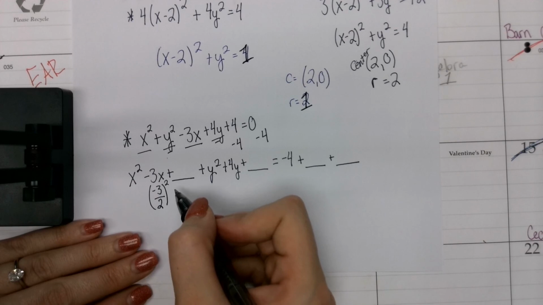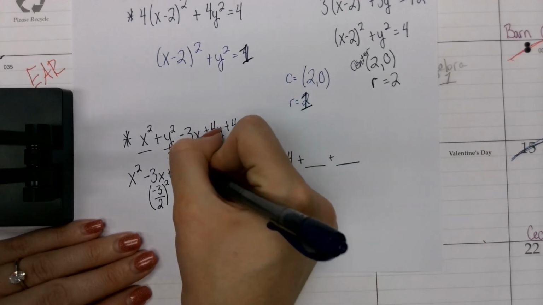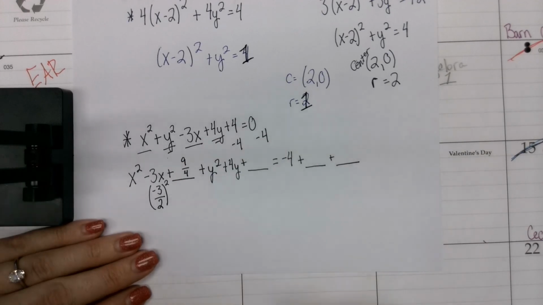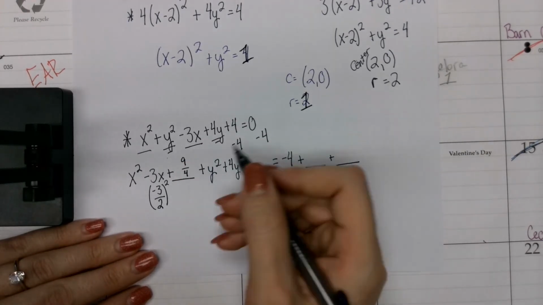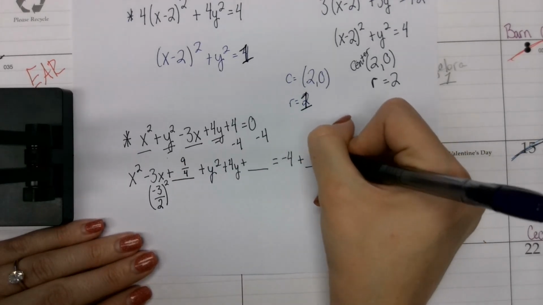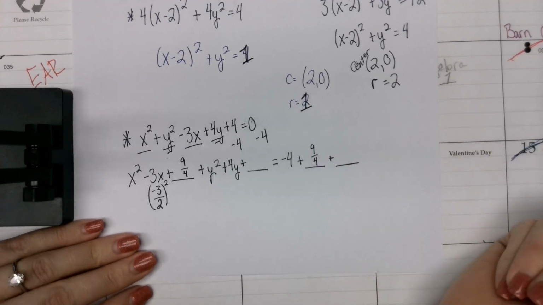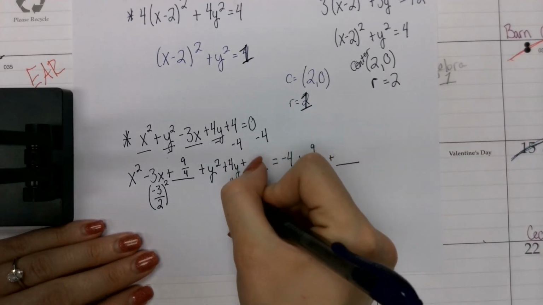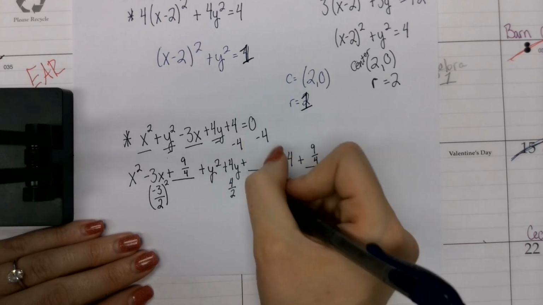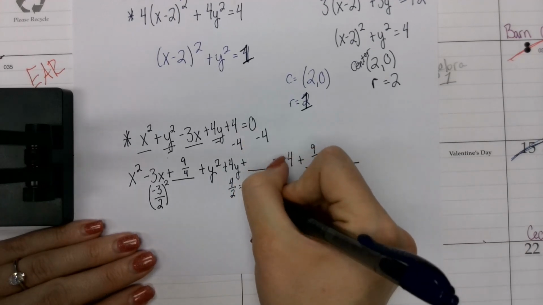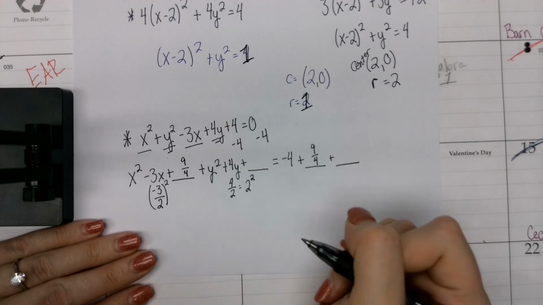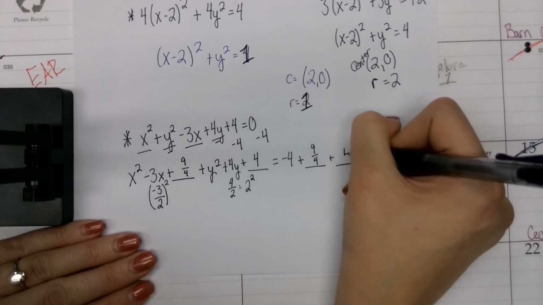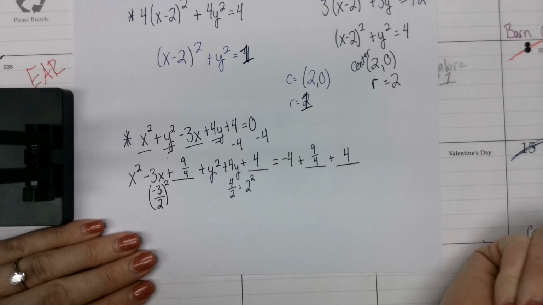Negative 3 squared would be positive 9, and 2 squared would be 4. Since I added it here, I have to add it here. Now this one, I'd have 4 divided by 2, which is 2, and I'd square that, so 2 squared would give us 4 here, and whatever we add there, we have to add here.